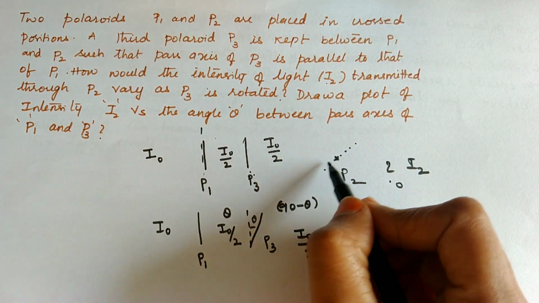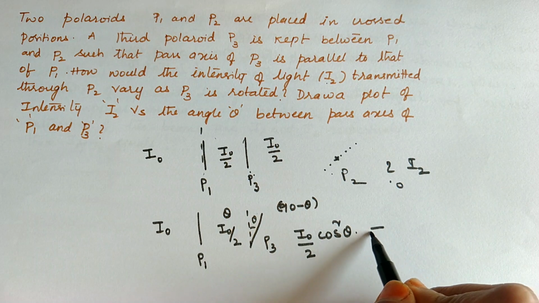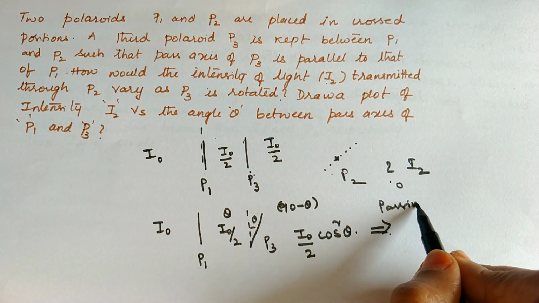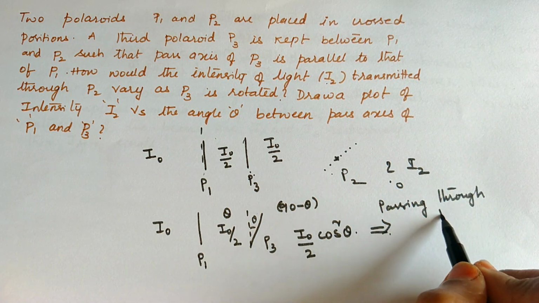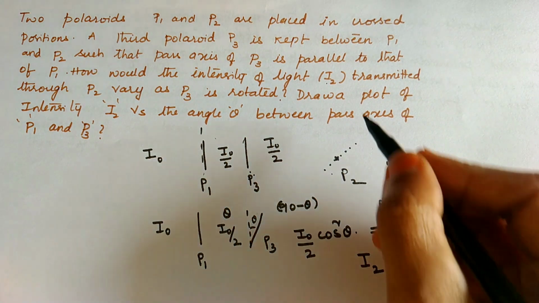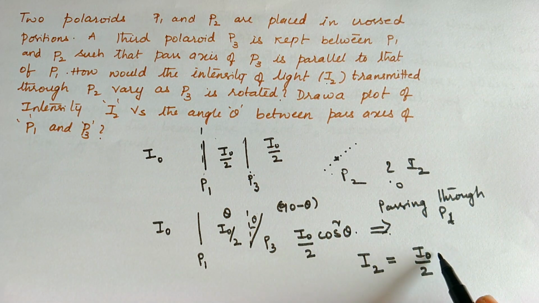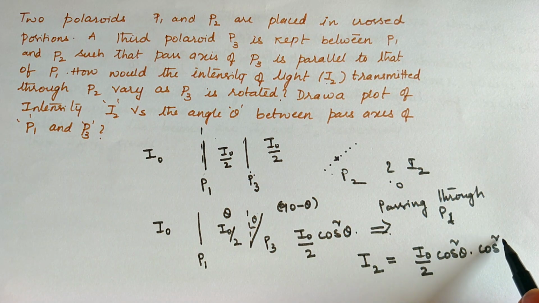Now after passing through P2, the transmitted light, because they have represented it as I2 in the question, I'm writing it as I2. This is incident: I naught by 2 cos square theta into cos square 90 minus theta.